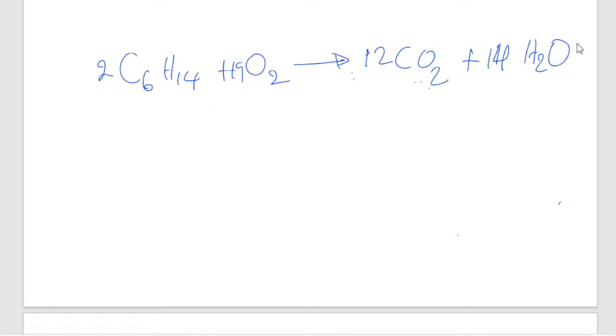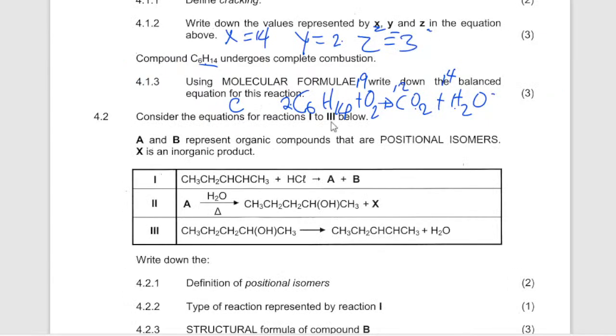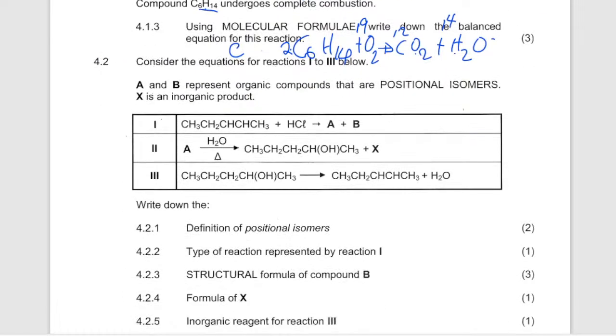If you check, you find out that this is a gas and this is a liquid, and that it is balanced. So this is what they wanted you to write. Then we go to the next question.